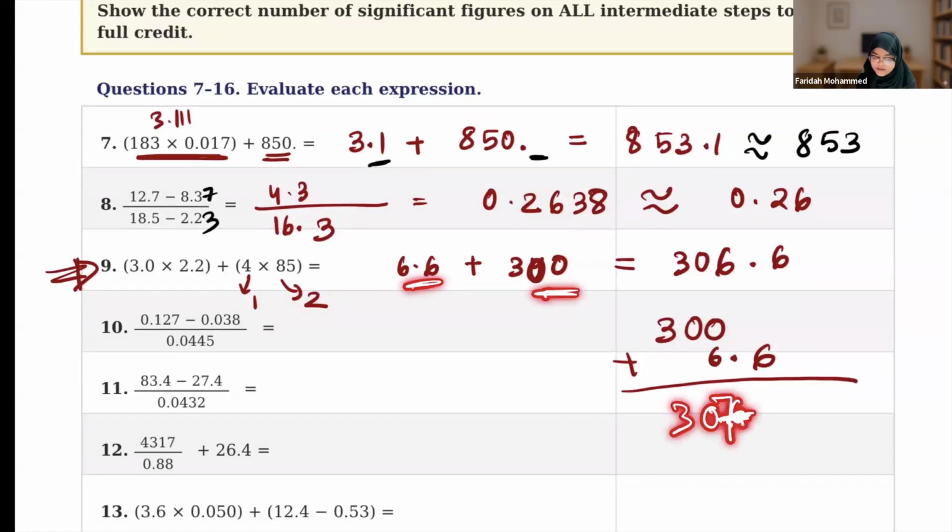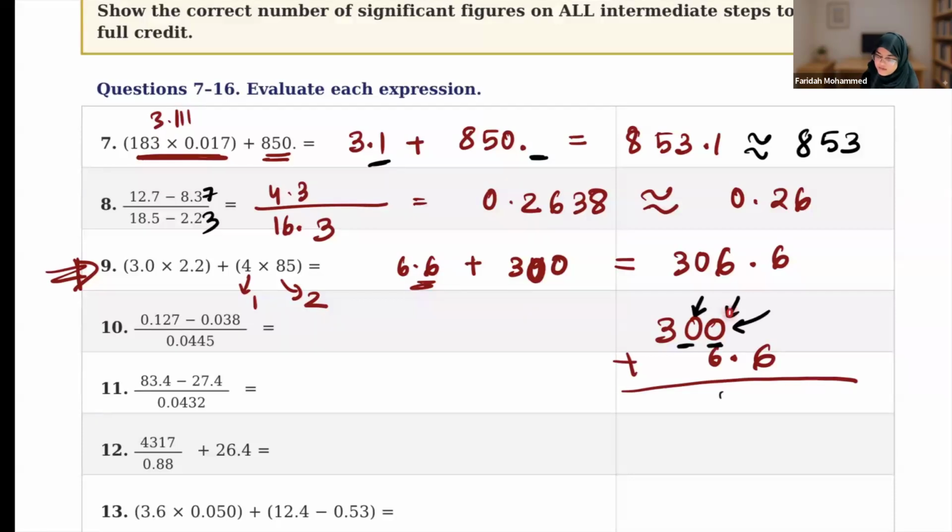Why? Because when you add them, especially the hundreds or thousands, these two zeros are not significant. A not significant digit will not have a significant number.